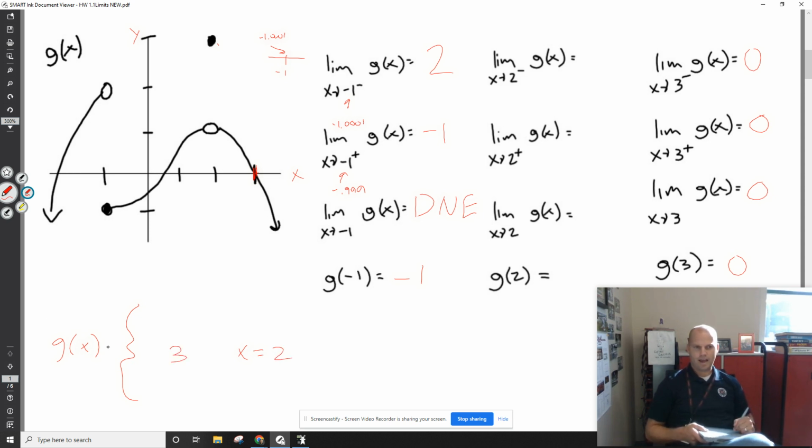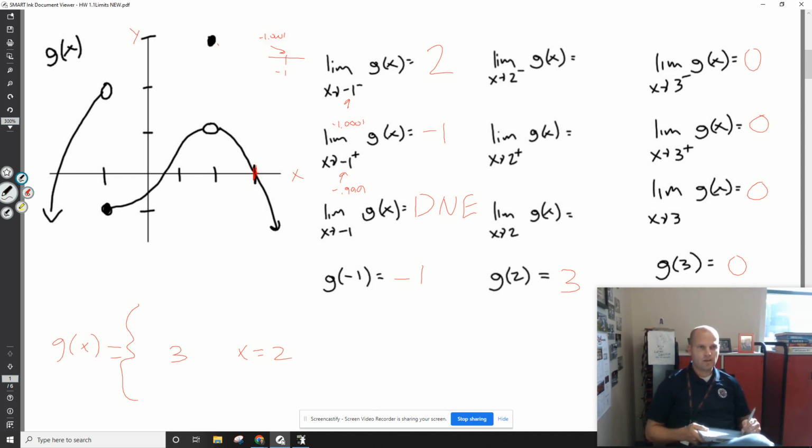But for all x's except for 2, between -1 and infinity, we're going to use this piece, whatever the equation is for it.